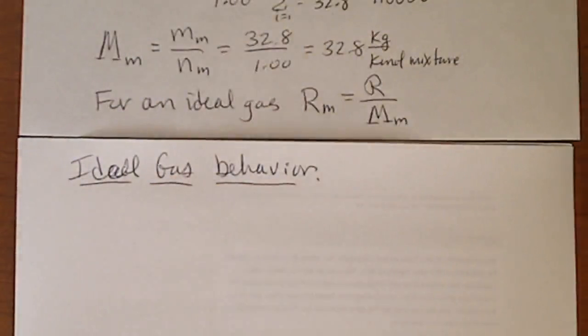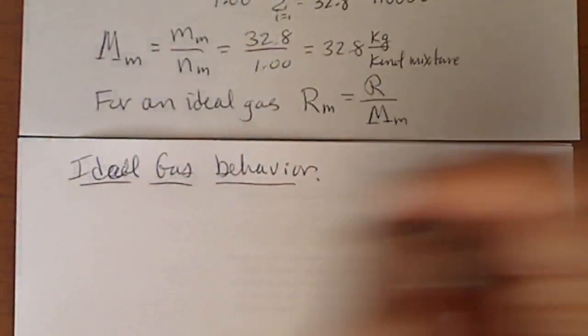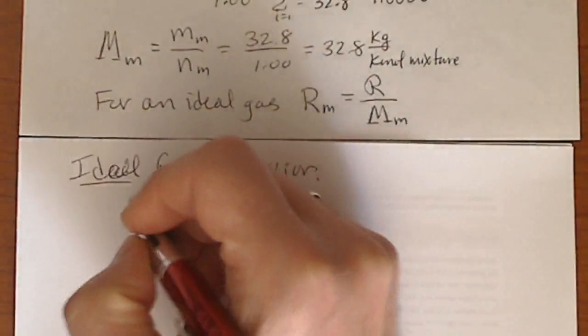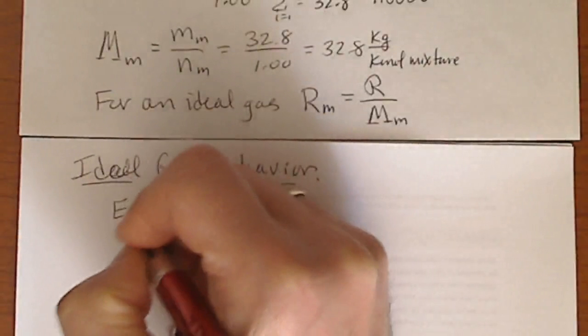I don't know if you recall back from your physics, but there was some talk about the Dalton model and the Amagat model. Let's just first write down the equation of state for ideal gases.